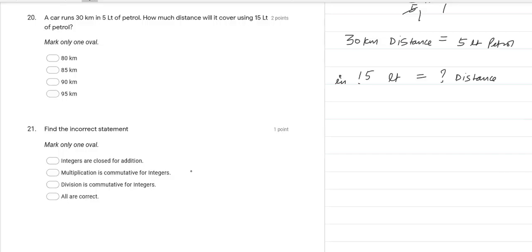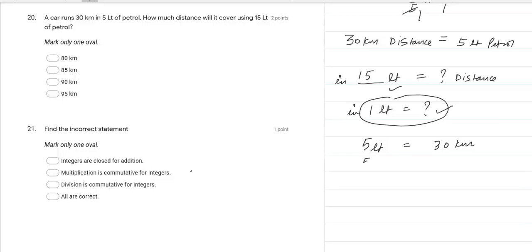To find this, we need to use the unitary method. First we have to find in 1 liter how much distance is covered. If we can find this, it is very easy. For this we can use the first equation. Given to us was that 5 liters was equivalent to 30 kilometers distance.